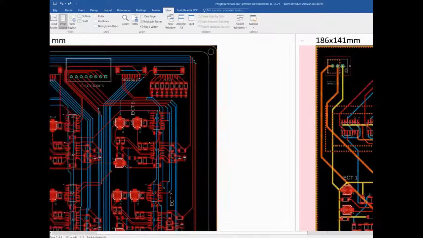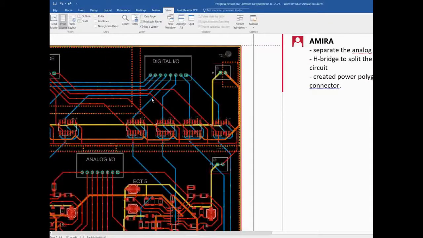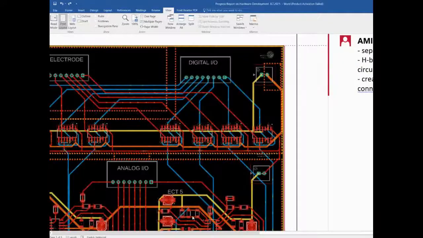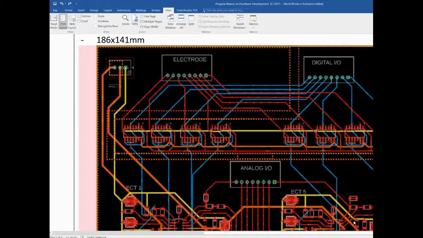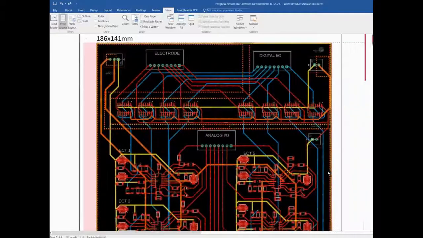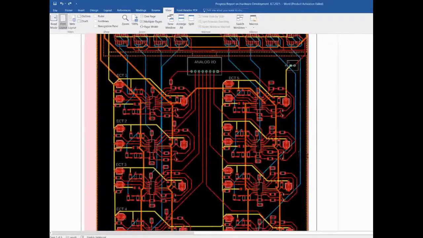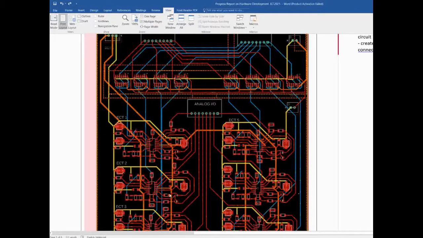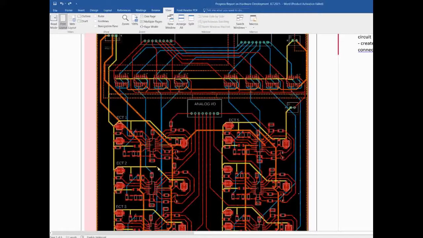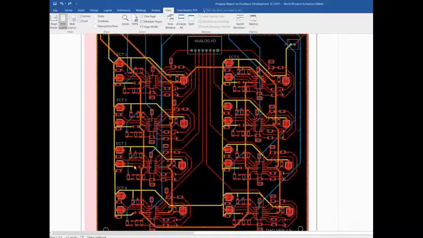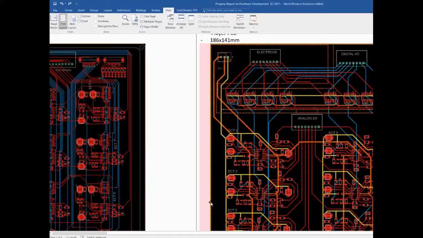I also created the power polygon for voltage supply connectors: here 5 volts, here 9 volts, and here 5 volts. I separated the sine wave connectors away from the digital, so that hopefully it reduces any problem with signal integrity.